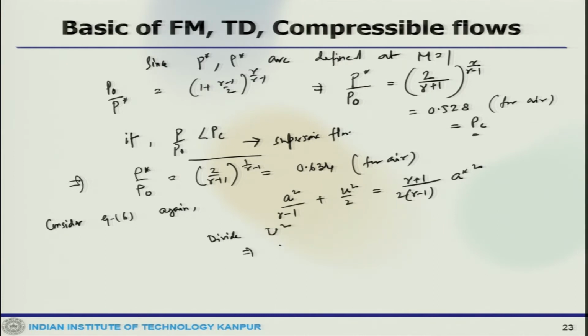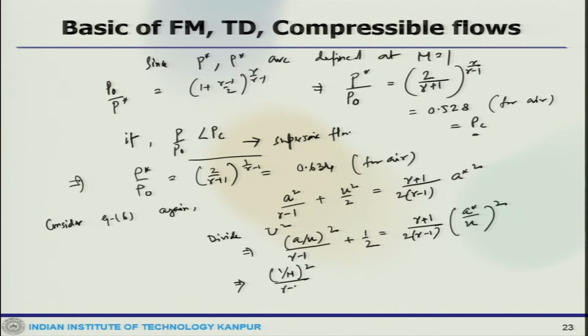So, you can write a by u square by gamma minus 1 plus half equals gamma plus 1 by 2 gamma minus 1 times a star by u square. Which is 1 by M square by gamma minus 1 plus half equals gamma plus 1 by 2 times 1 by M star whole square minus half.